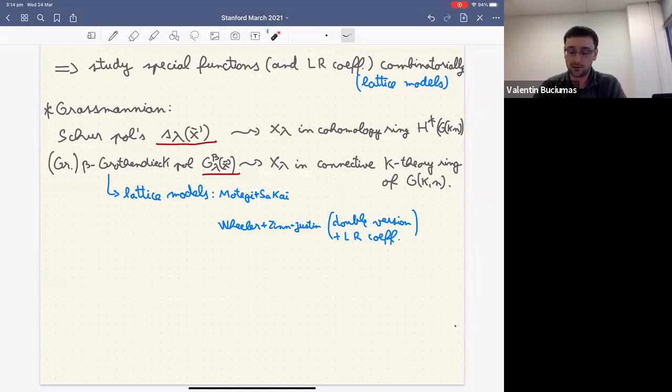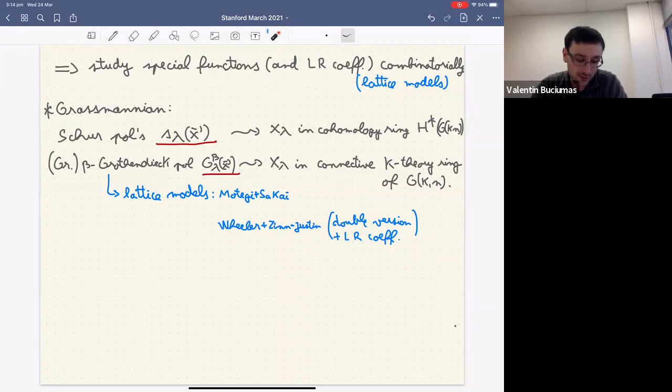One may consider instead of the cohomology ring, the connective K-theory ring of the Grassmannian. And in this case, one obtains what are called beta Grothendieck polynomials. These are of Grassmannian type, which will depend naturally on a partition lambda. There are also other types of Grothendieck polynomials, which we'll get to.